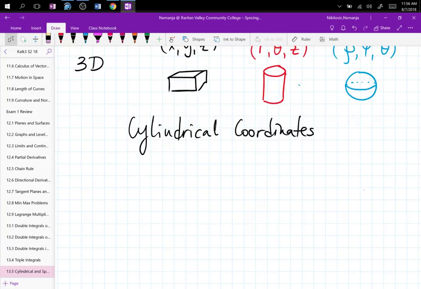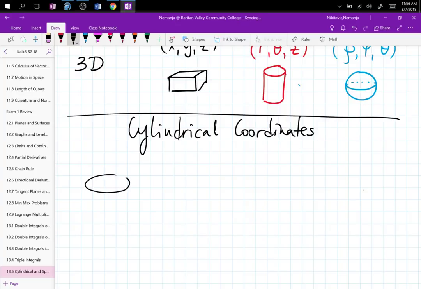So cylindrical coordinates are first. For cylindrical coordinates, we have a cylinder. That cylinder has on the bottom the radius r, and theta all around, because maybe you want half of the cylinder, which is 0 to pi, or you want the entire cylinder, 0 to 2 pi, or maybe you want a quarter of a cylinder, 0 to pi over 4.